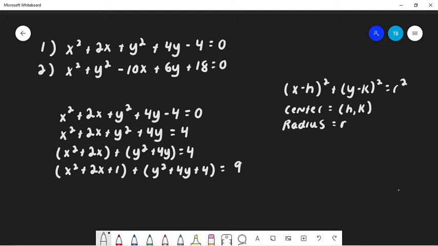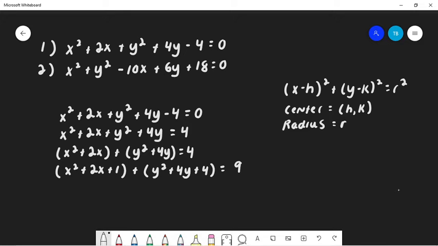Now what we want to do is take these perfect square trinomials and condense them into the square of a binomial. To do that, we take the first part of the completing the square process, and then we just stop there. So if we have x² + 2x + 1, we take the coefficient of the linear term, which is 2 for the 2x, and divide by 2 to get 1.